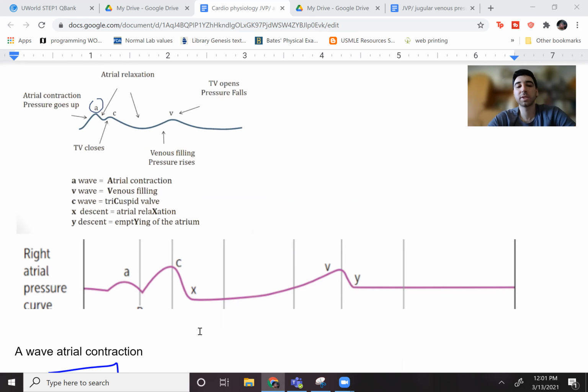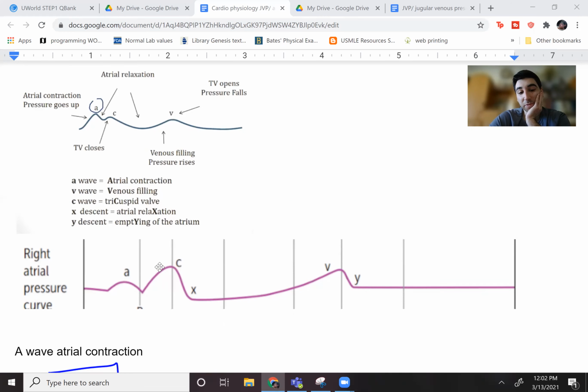Let's think about what this means in terms of systole and diastole. When the atria contract, we are in diastole. And when it relaxes, we are going to start systole somewhere here, right? The actual start of systole is going to be this C wave over here.